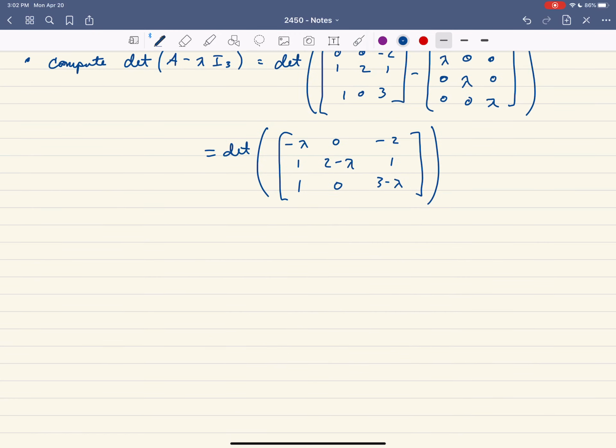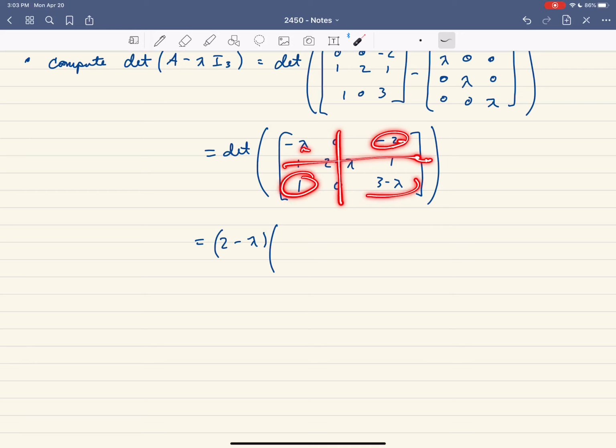It looks like the easiest way to compute this determinant is via the second column. It doesn't really matter how we compute it, but that looks easiest. So we're going to get 2 minus lambda times the quantity, and if we cross off the middle row and middle column, we end up with this 2x2 submatrix: negative lambda, negative 2, 1, 3 minus lambda.